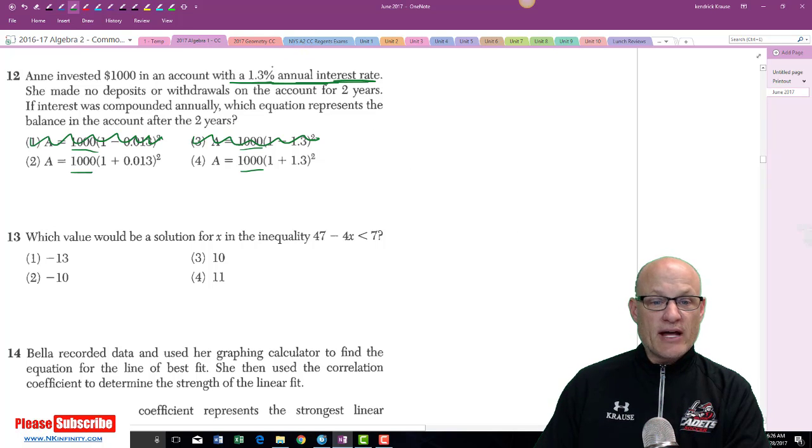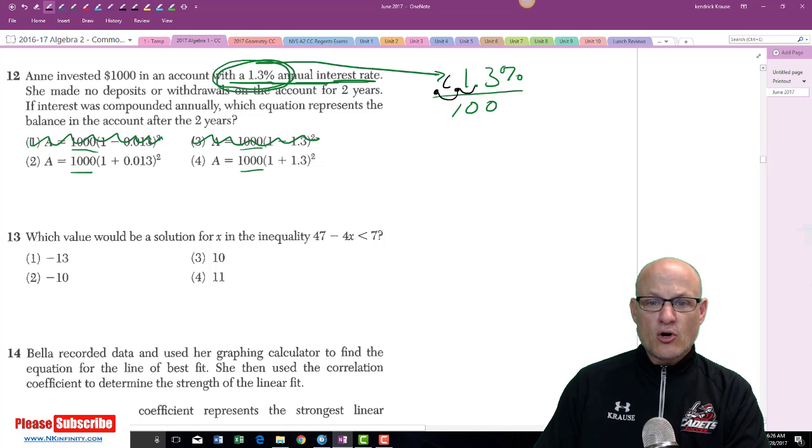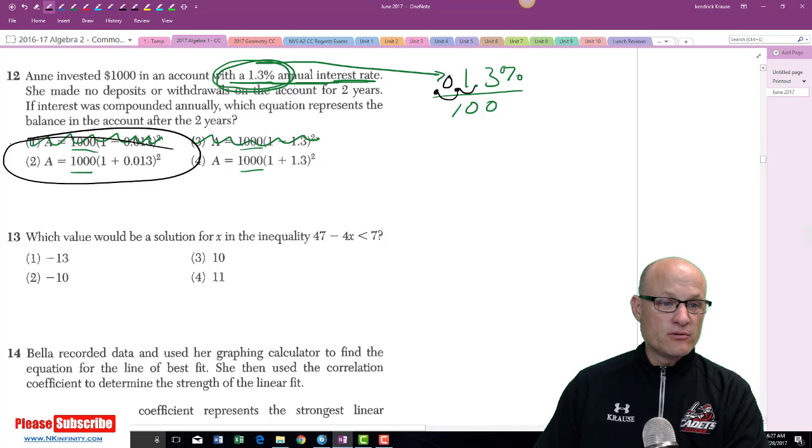Now the tricky part of this is we have to increase by 1.3%. To figure out what it is as a decimal, you have to divide that by 100. Or, if you were taught this, which is really cool, you really just move the decimal place twice. So you're looking for 0.013. And that's why the answer is choice 2.